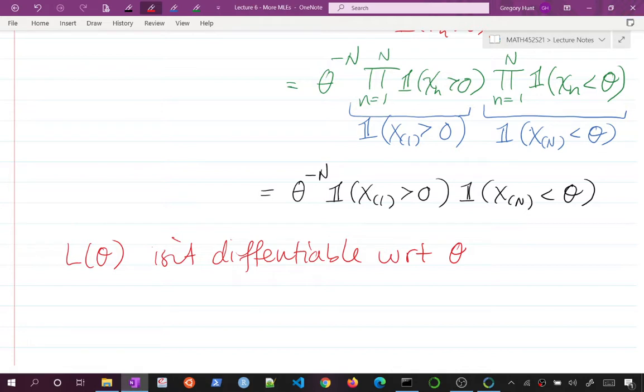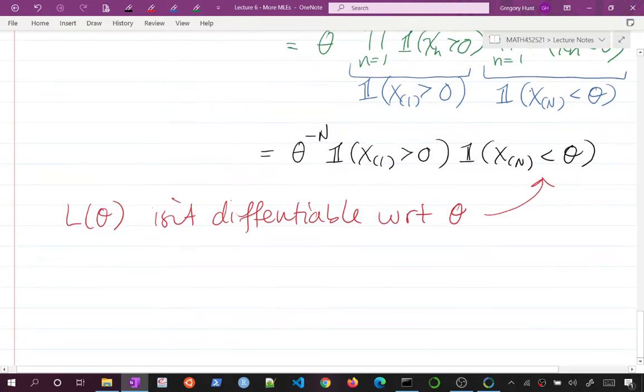And so this is the step function. It's a jump discontinuity where it will suddenly jump. And so it's not differentiable with respect to theta, because theta shows up in this indicator function. If I draw a little picture here, at xn, we're going to jump.